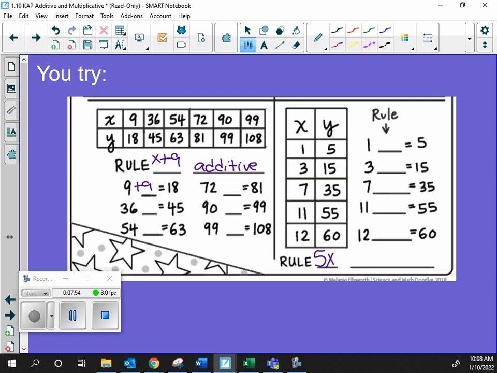Technically, you can also write this x5. But that looks weird. Math sort of has grammar, kind of like English does. Like when we write a sentence, we always capitalize the first letter, right? In math, when you're multiplying and writing it like this, you always put that number first.